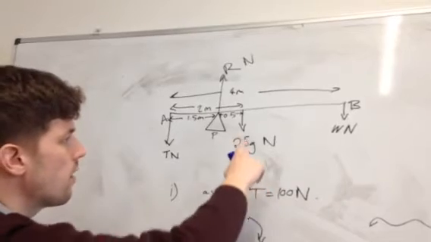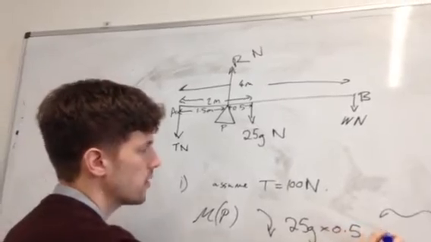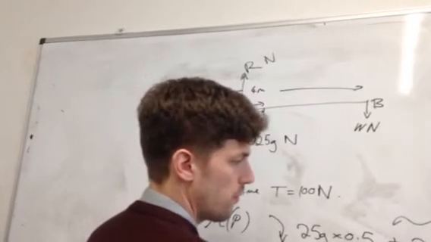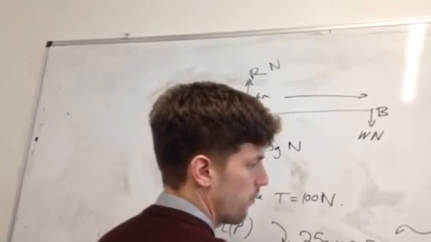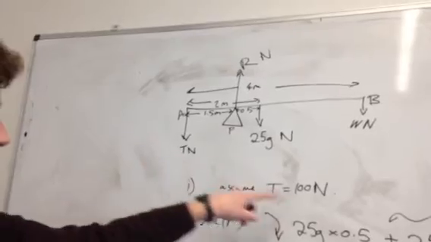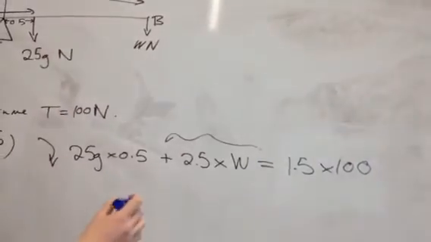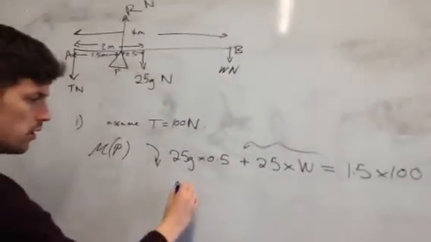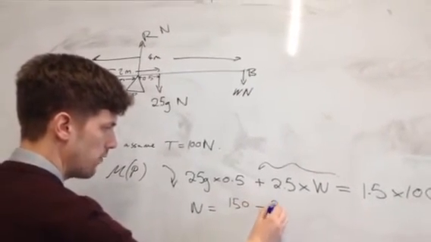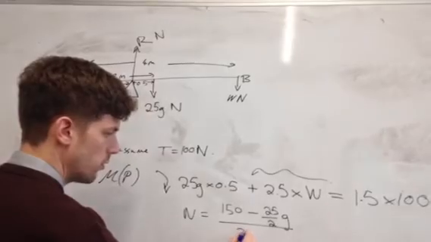So our clockwise moments, we have 25g times 0.5 plus, well, the whole plank is 4 meters, so this distance must be 2.5 meters, so 2.5 times W is going to be equal to 1.5 times the tension, which was 100. So 1.5 times 100. So we've got W is equal to 150 minus 25 over 2g, all over 2.5.